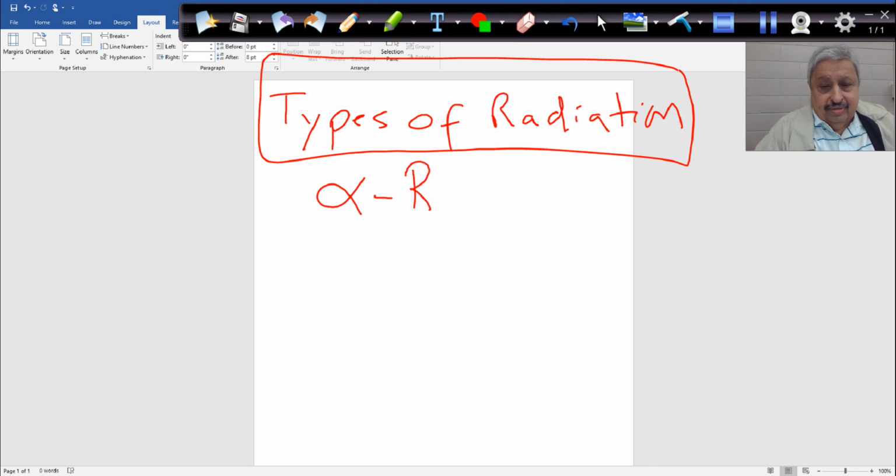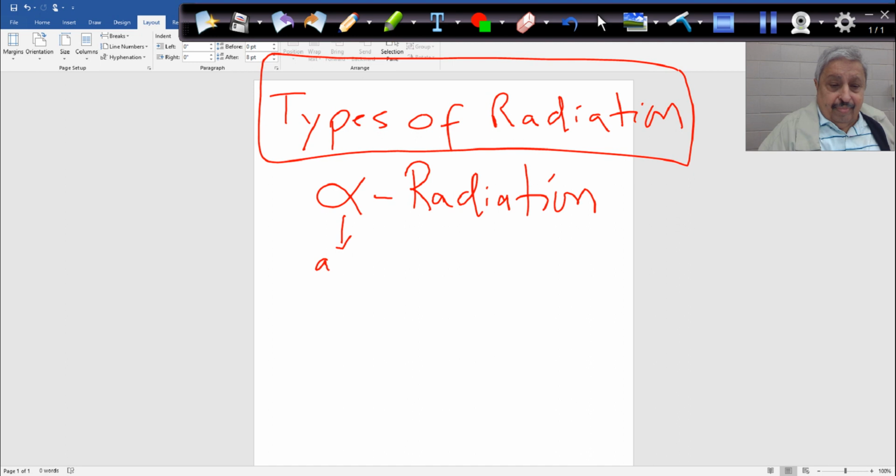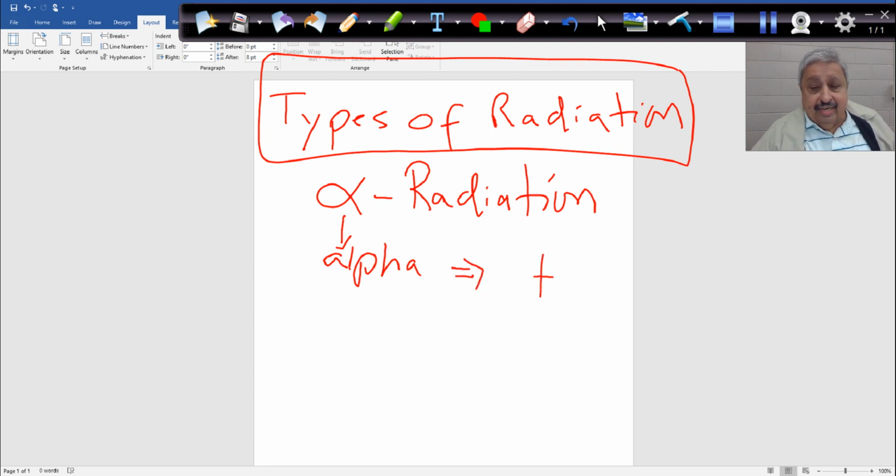Alpha radiation. This is called alpha here. So alpha radiation turns out to be a helium atom with mass number 4 and atomic number 2.